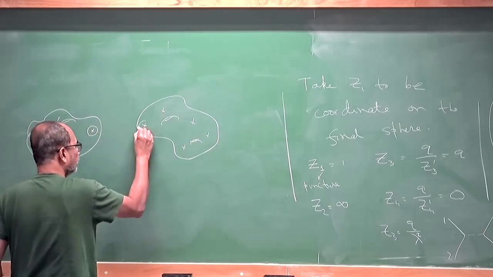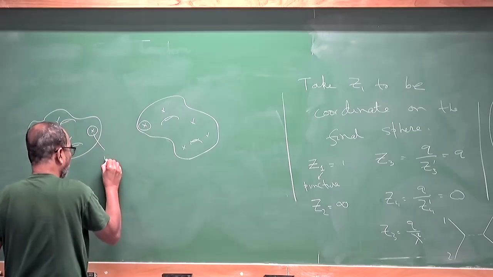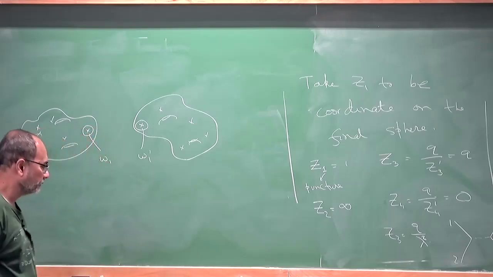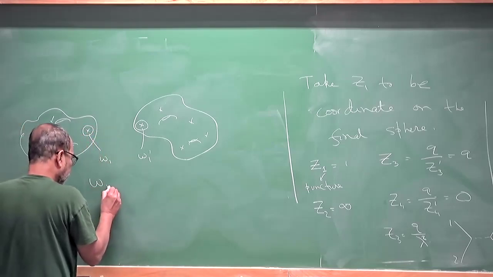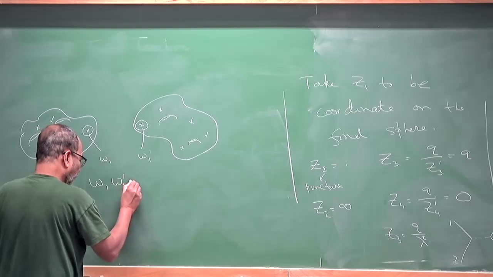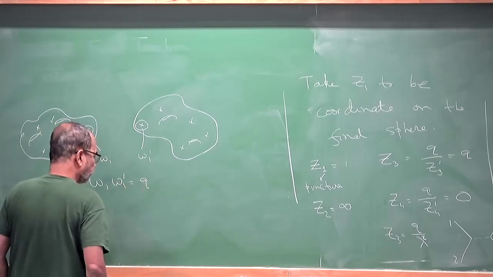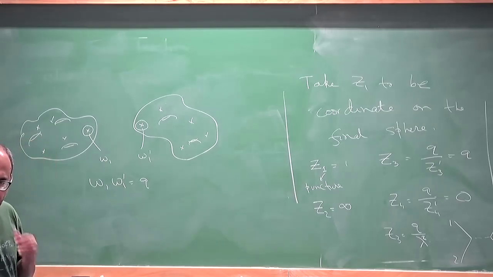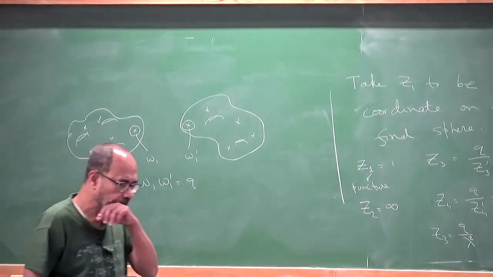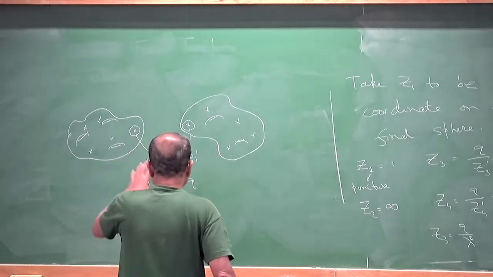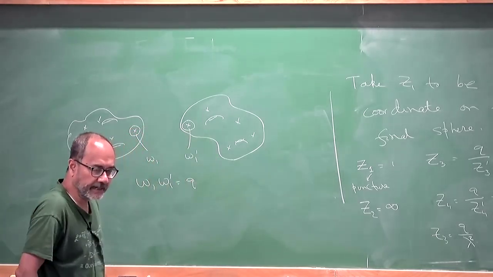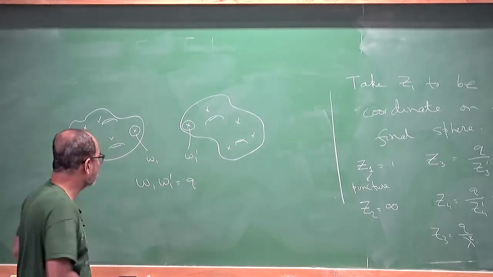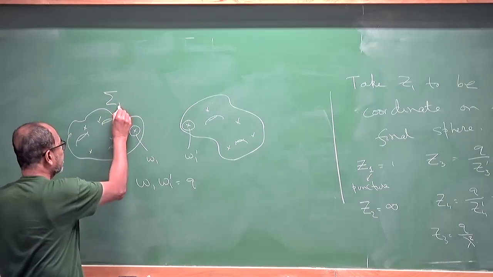Here we have chosen a local coordinate W1. Here you have chosen a W1 prime. And we have used the sewing relation W1 prime equal to Q. And we want to know how to write the result in terms of correlation functions on the original Riemann surfaces. So let's call this sigma 1 and this sigma 2.